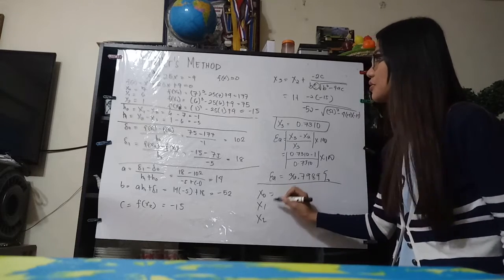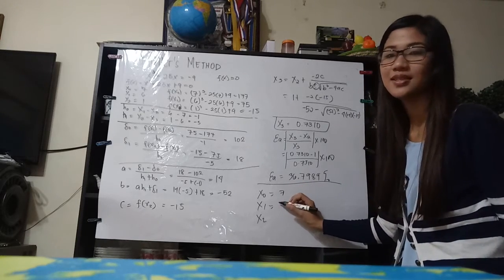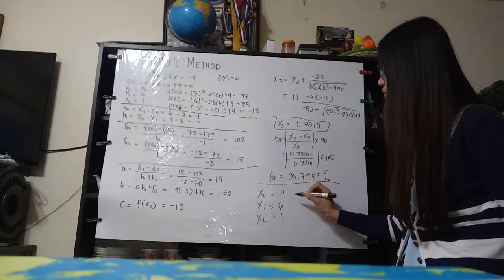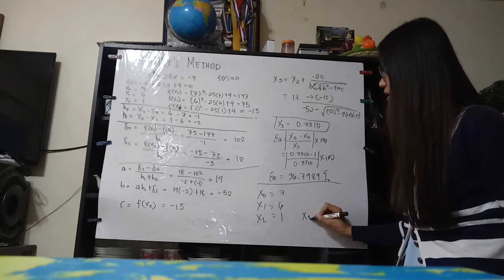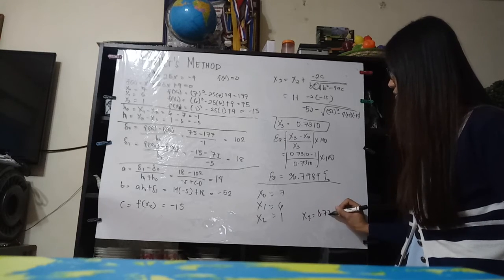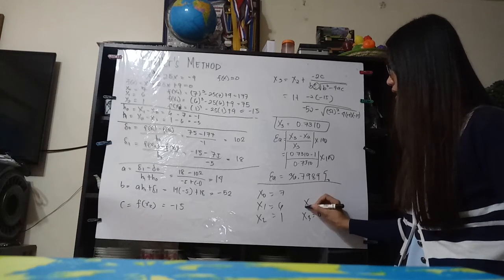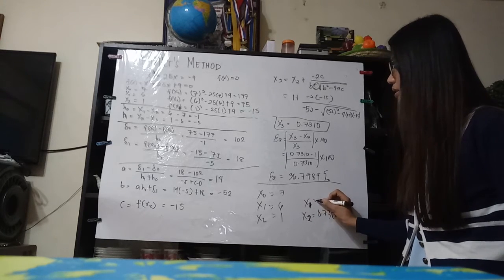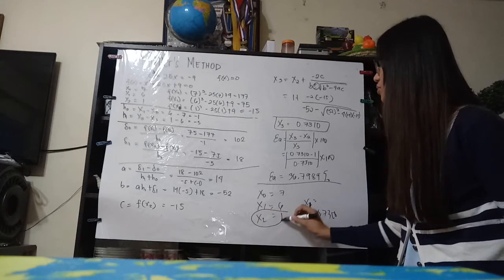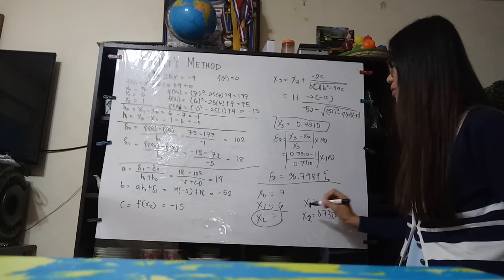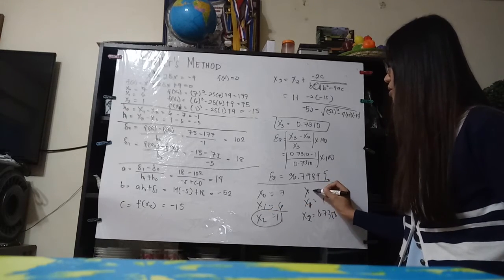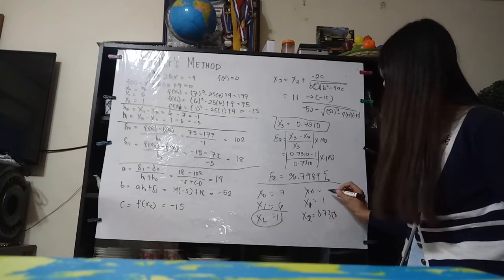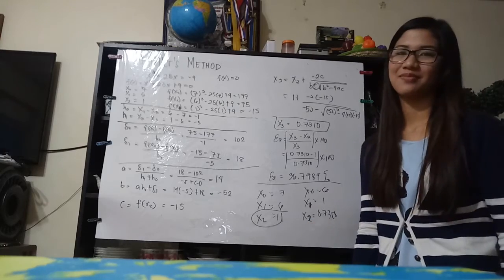So x0 is 7, x1 is 6, and x2 is 1. Now, since we got our x3 here as 0.7310, this would be our x2, and our previous value of x2 would be our x1 now. And then our x0 would be our previous value of x1, that would be 6.